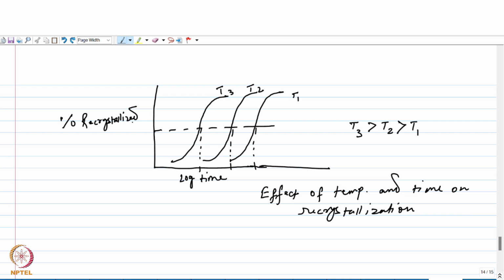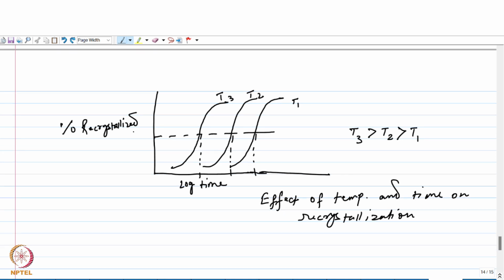If we consider this fraction as 50%, the fraction corresponding to this horizontal line, we will get the time required for recrystallization of half of the structure.